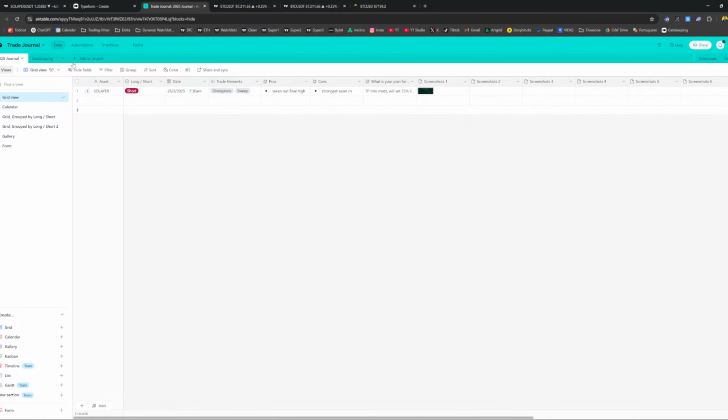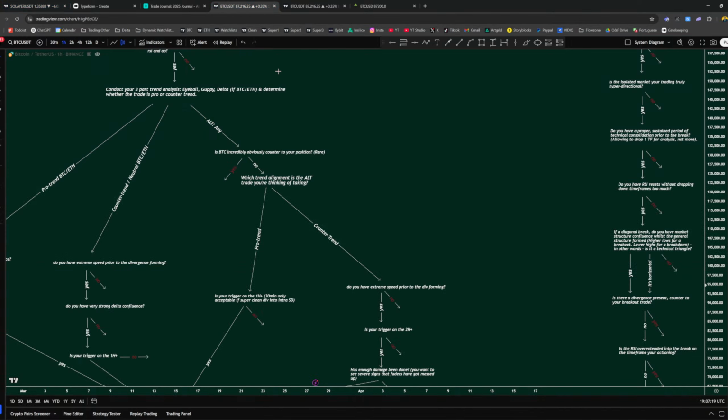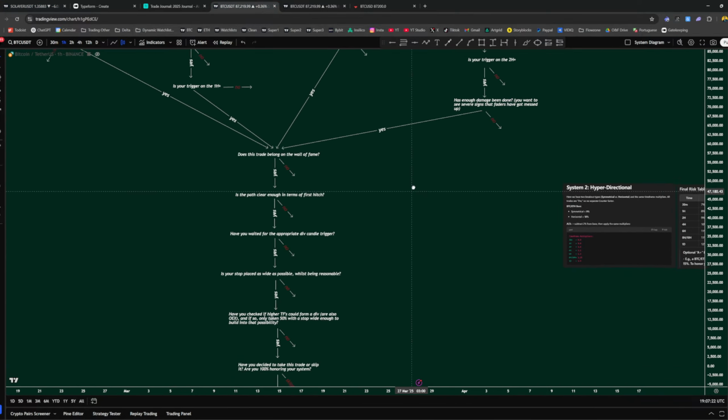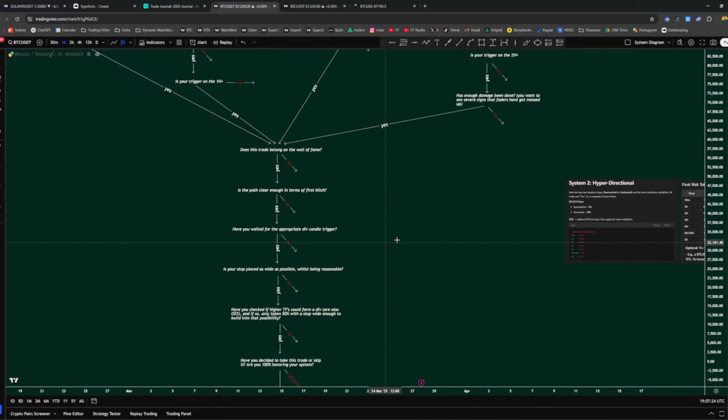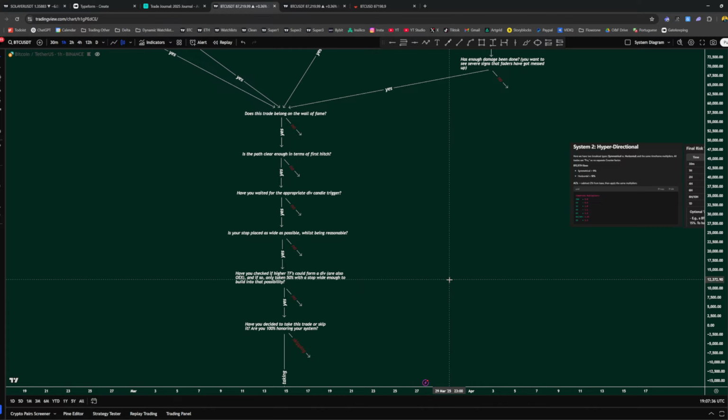And the whole thing about this pre-trade checklist, these gates, whatever wording you want to use, you have to honor it, right? You can write all this stuff down, but unless you honor it and treat it with respect and discipline, then there's no point even going through the exercise in the first place, right?